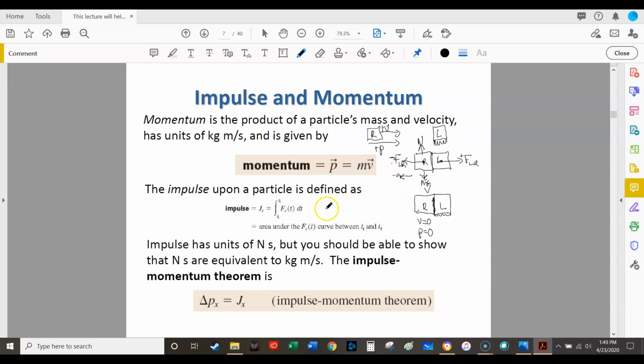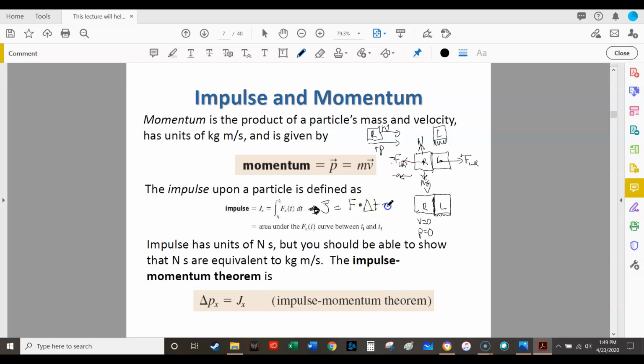So essentially, here's what I'm saying: impulse, which is the variable J, and this should be an arrow, is equal to an object's net force times the period of time, so the net force applied to an object over a period of time.